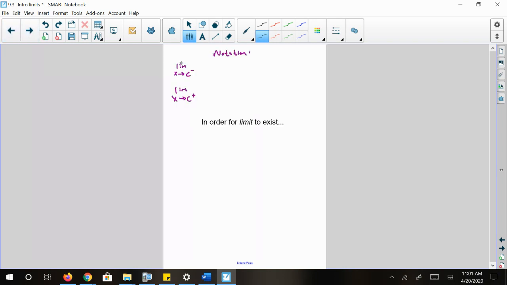So one thing that I would like to note here, and this is another notation thing, if you see this notation, the limit as x approaches c from the negative side of f of x, okay, I'm going to say that this is equal to L, right? This means, what do we approach from the negative side?